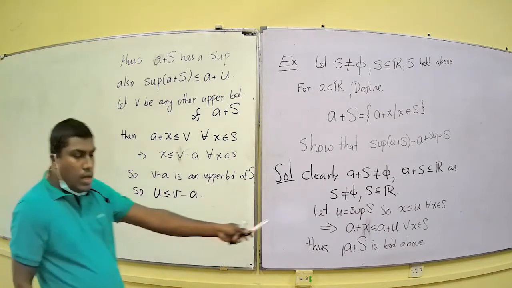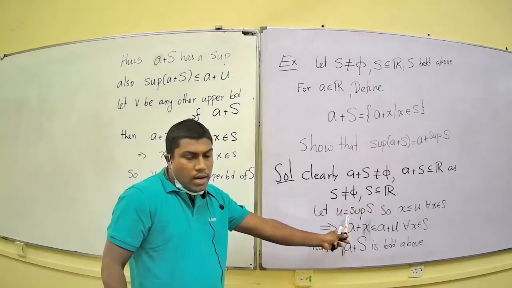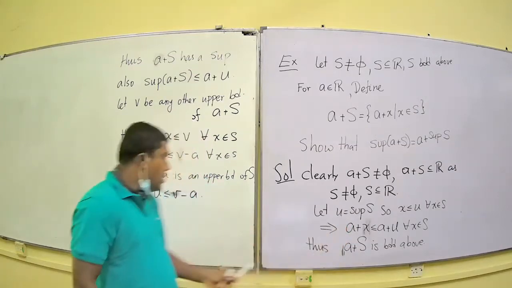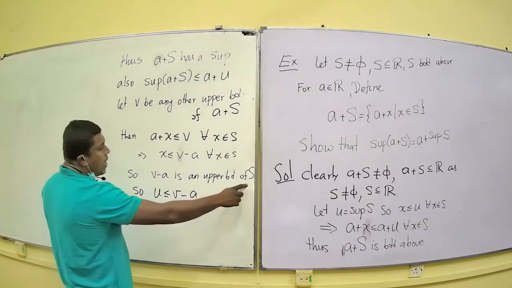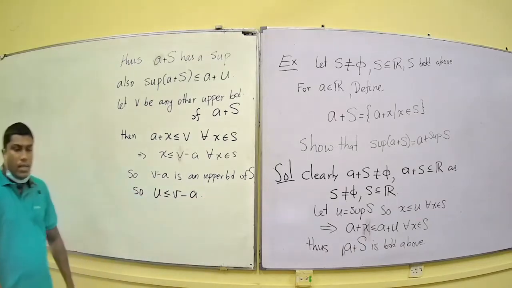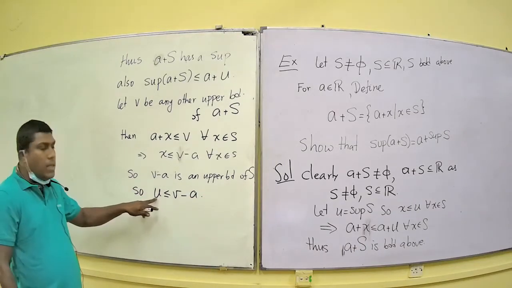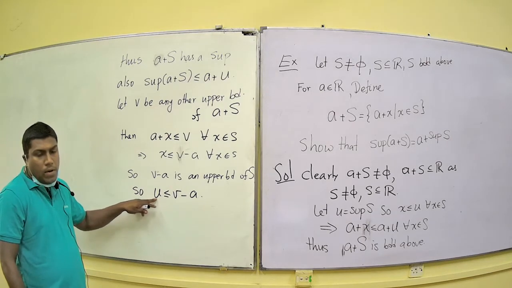But here you see that you defined U as the supremum of S. But here what you get? V minus A is an upper bound of S. So clearly U should be the smallest upper bound, or least upper bound.